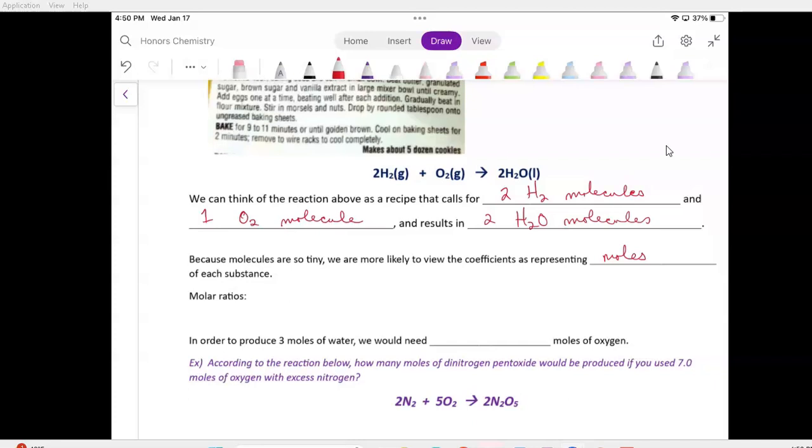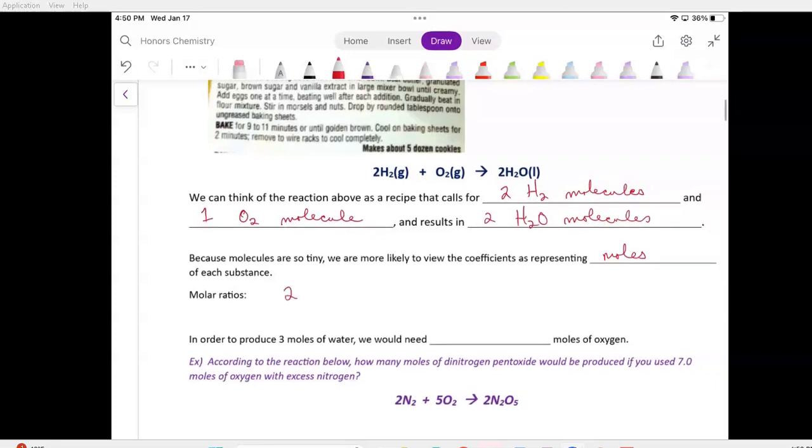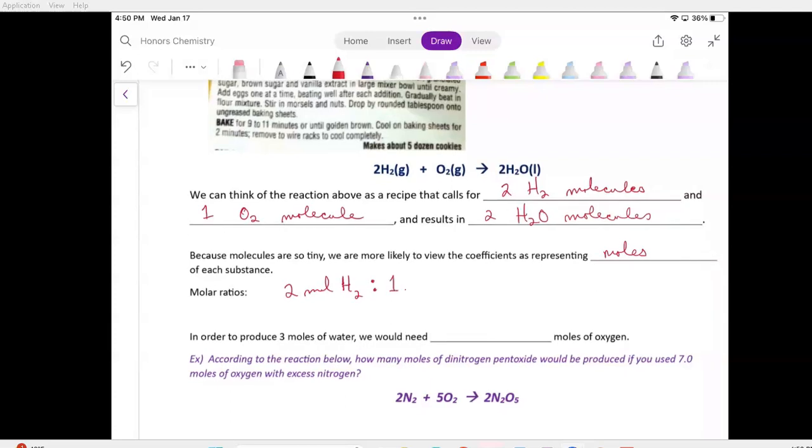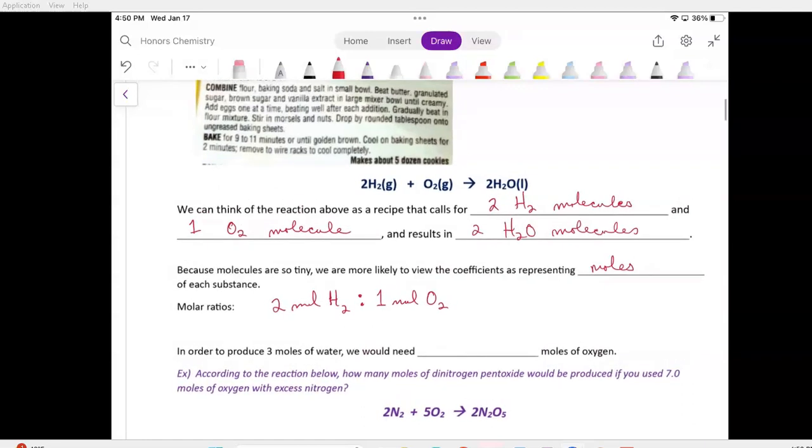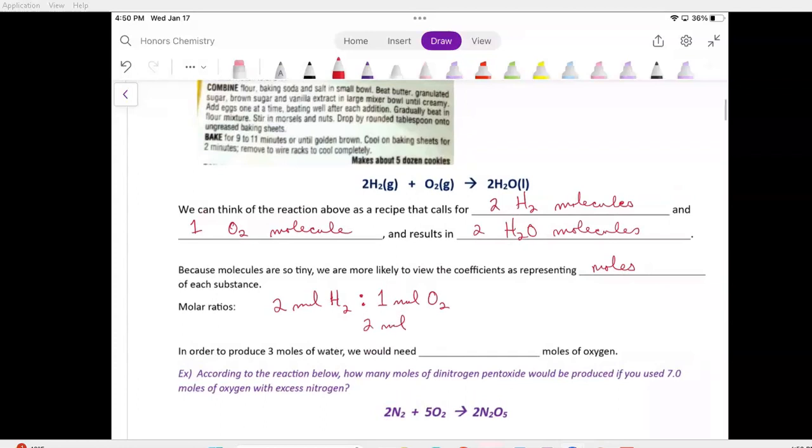So you can say these molar ratios from this balanced equation in a lot of different ways. You could say that there's a molar ratio of the 2 ingredients. You could say 2 moles of H2 for every 1 mole of O2. You could say it as a fraction, 2 moles of H2 over 1 mole of O2, right? And you could write a bunch of them.